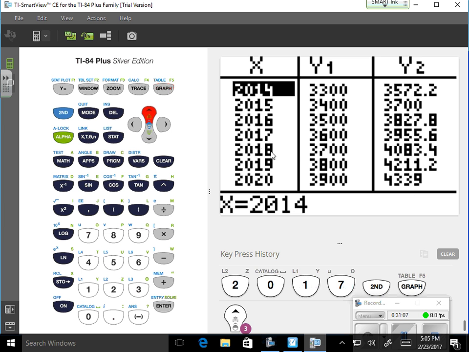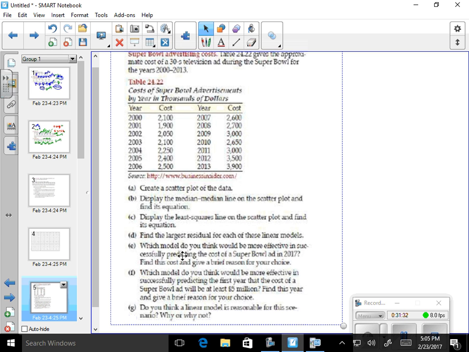Then in 2017, Y2 is the linear regression line, and it predicts $3,955,600. So this is what you would write down: $3,955,600. That would be your answer to the Super Bowl ad in 2017.